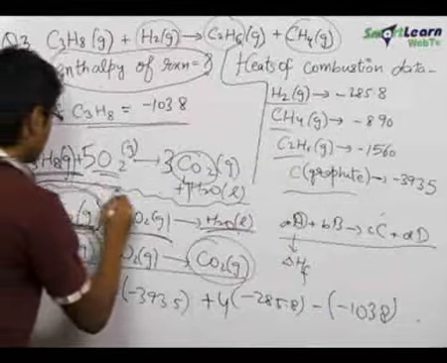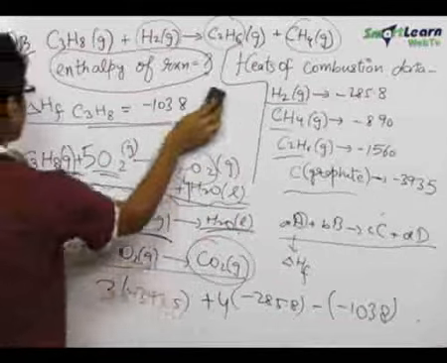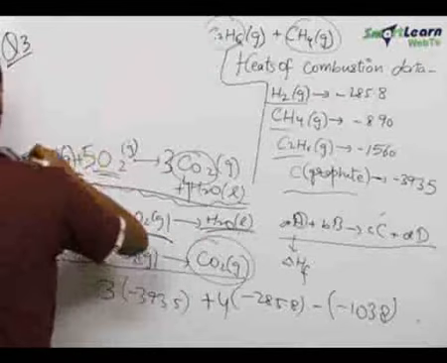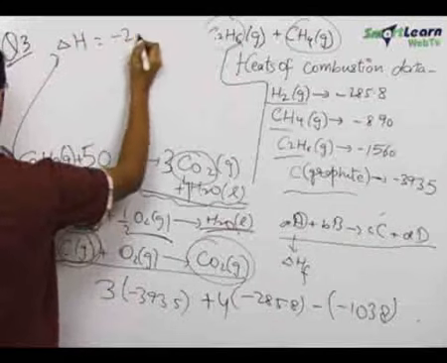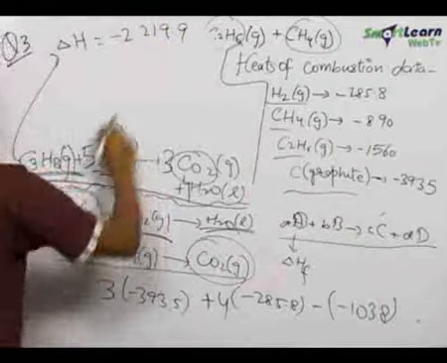Hence, on solving this, we get the enthalpy of this reaction as minus 2219.9. All the units are in kilocalories per mole, so we need not worry about the units.